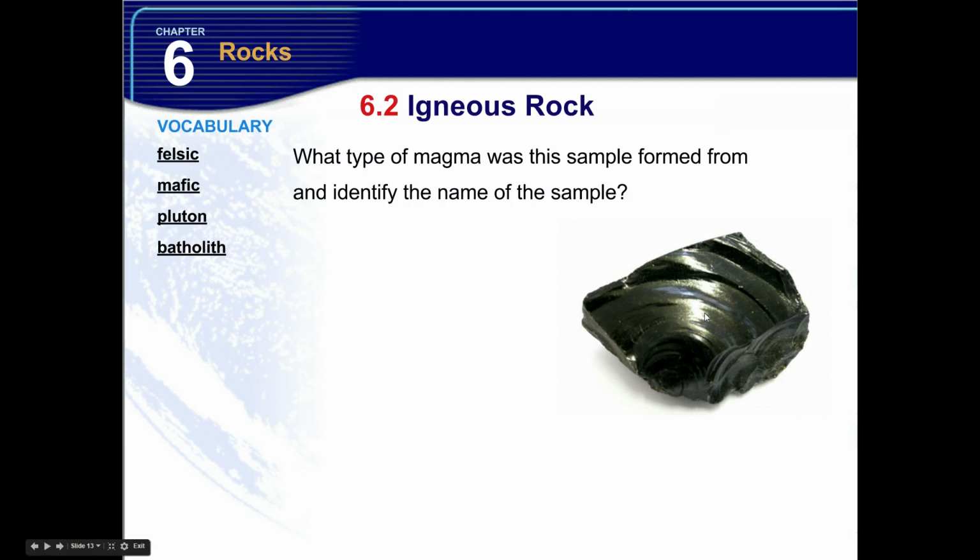Now this one's a little tricky. I know it looks dark, but this is actually felsic, comes from felsic rock or felsic lava. Now this one, if you were to place a cup of water and you put a small drop of food coloring in it, what's going to happen to the water? Well, eventually the whole water will turn whatever color that food coloring is. It's the same concept with this.